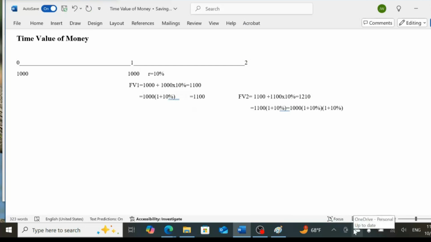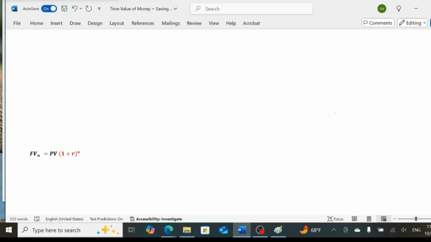So what about year 3? What is today's equivalent amount in year 3? Follow the same logic. It should not be difficult. You just need to multiply by this factor. So FV3 will be 1,000 multiplied by 1 plus 10% to the third power. So here we have our first formula, the future value single cash flow formula.